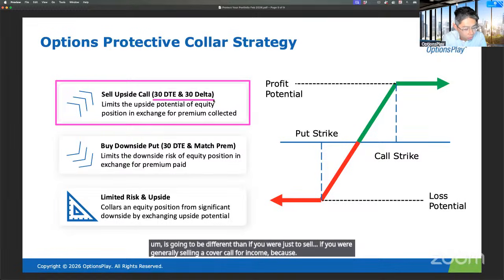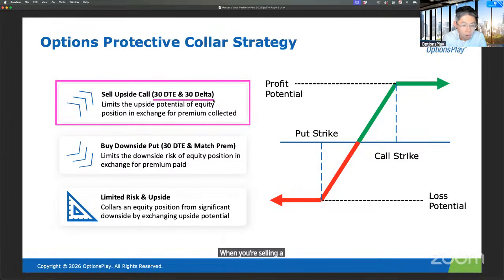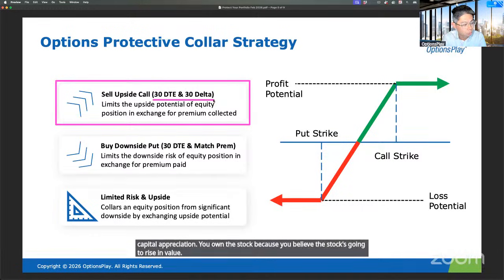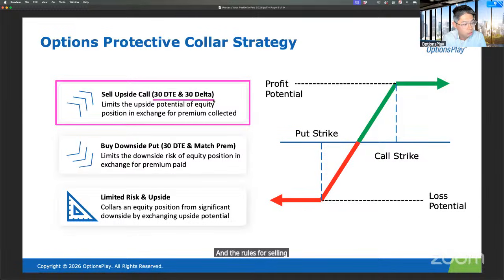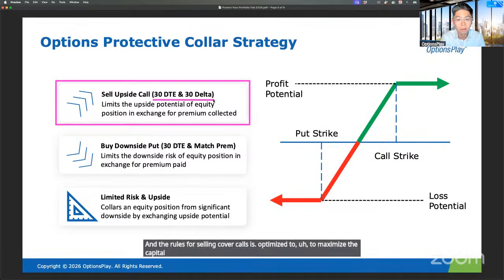Because when you're selling a covered call for income, your primary goal is capital appreciation. You own the stock because you believe the stock's going to rise in value, and the rules for selling covered calls are optimized to maximize the capital appreciation of that specific stock, not the income part.